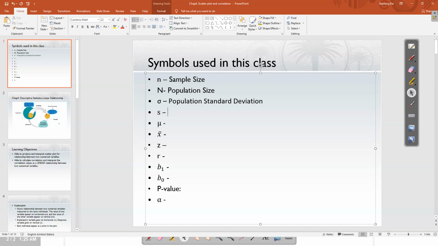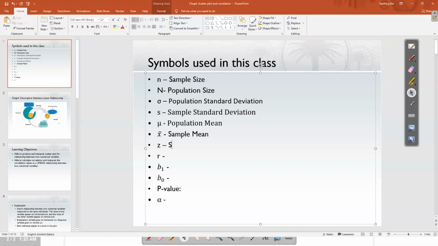And then s, this is also a standard deviation, but this is the sample standard deviation. Mu is the population mean, the average of the entire population, versus x bar, which is the sample mean. So we already learned n and x bar, right?